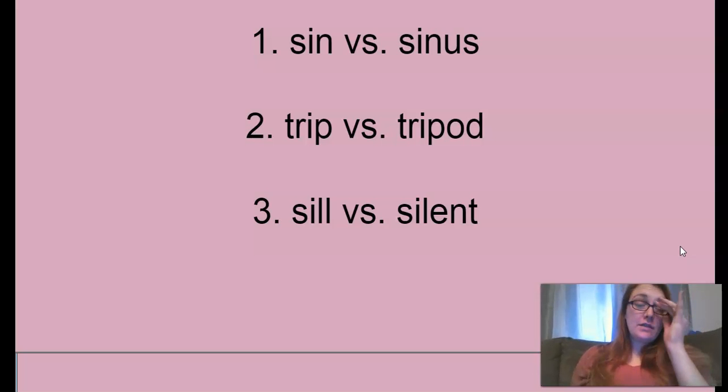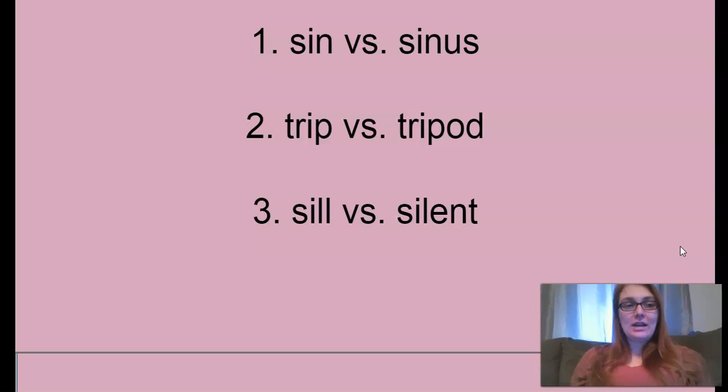Okay, so here's a list of 6 words. And when we say each word, we can hear how the I is going to make different sounds. So sometimes it's going to make a short I sound, sometimes the long I sound. And again, it's going to depend on where it falls in the word, if it's at the end of a syllable or not. Okay, so number 1, we have sin versus sinus.